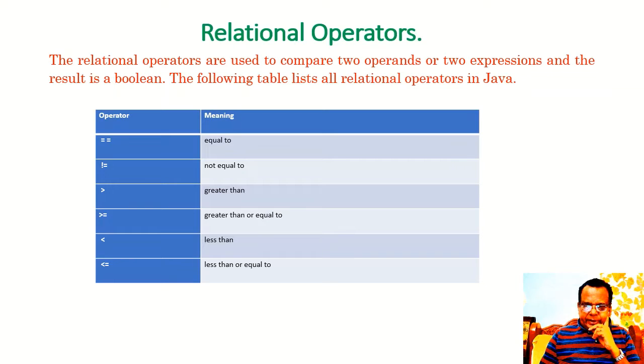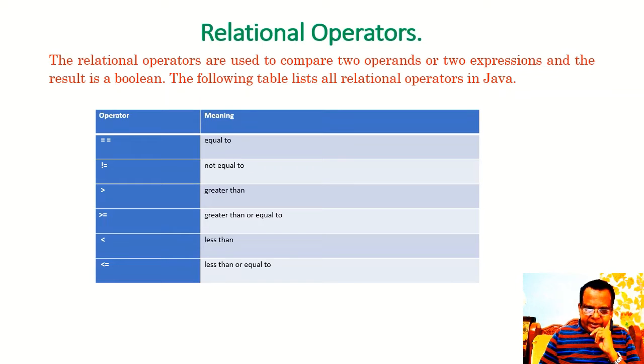Operator and meaning: see this, equal to, two assignment operators together without any space. So that's equal to. See this, not equal to, this exclamation mark and this assignment operator.